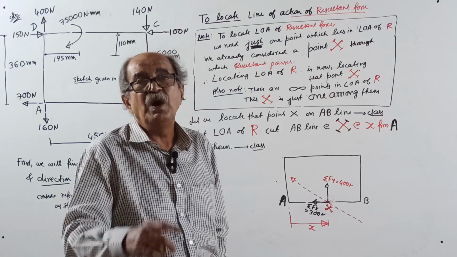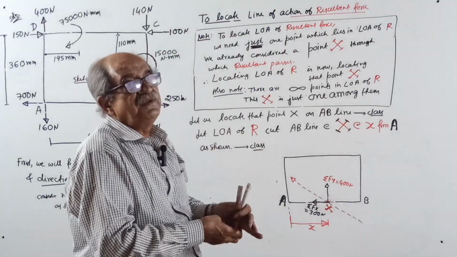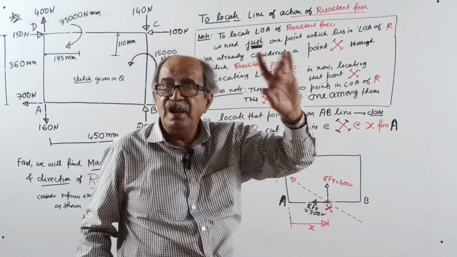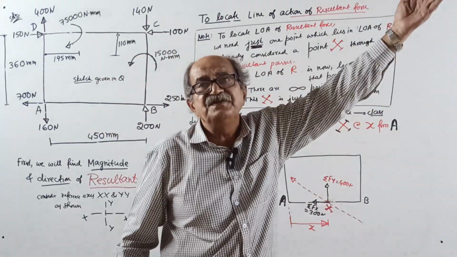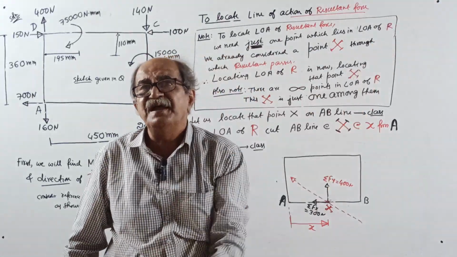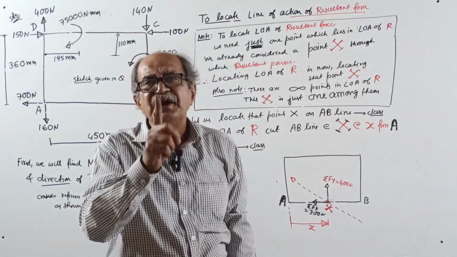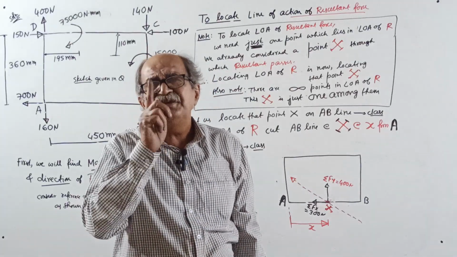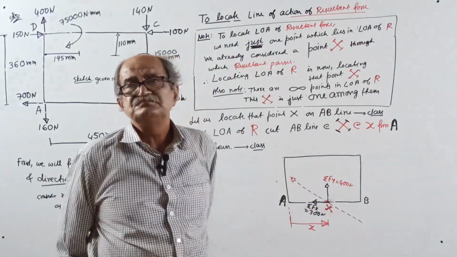Class, one important concept. I will tell you a little later in the next class. If the resultant is inclined, then it will cut each and every horizontal line and each and every vertical line.